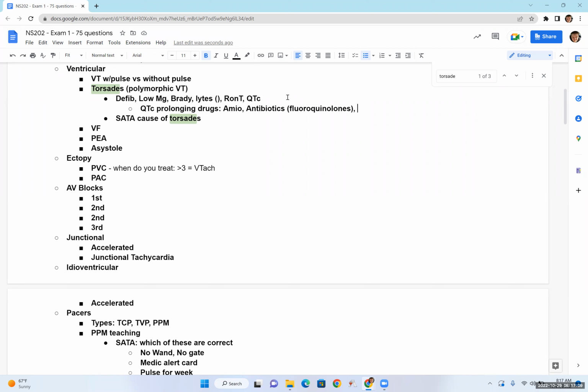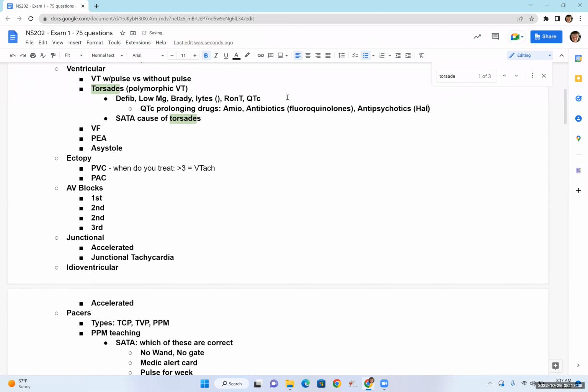What else? They all end in floxacin: levofloxacin, moxifloxacin. Antipsychotics, very good. So you got some antipsychotic meds, especially like Haldol, or haloperidol, because according to the test policy, you're not supposed to put brand names.